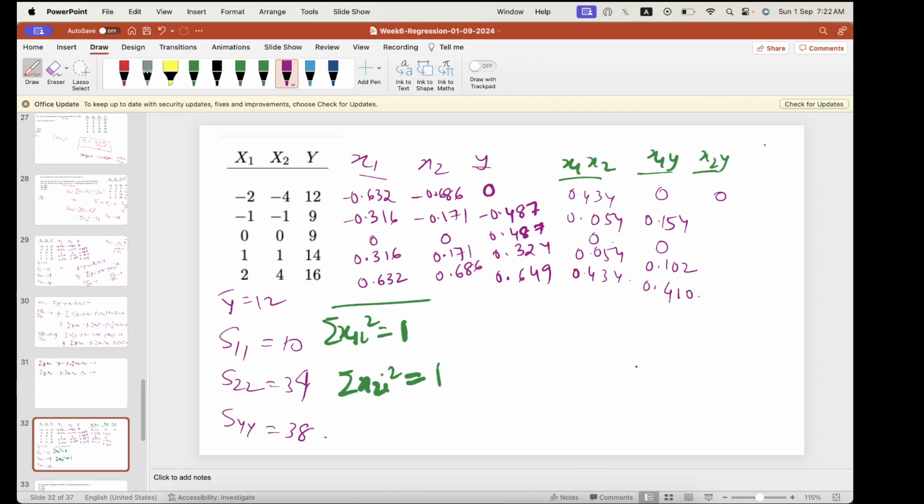Okay, and again x2y, this is 0, the third one is 0, 0.171 into 0.487, that is 0.083. And then again 0.171 into 0.324, that is 0.055.